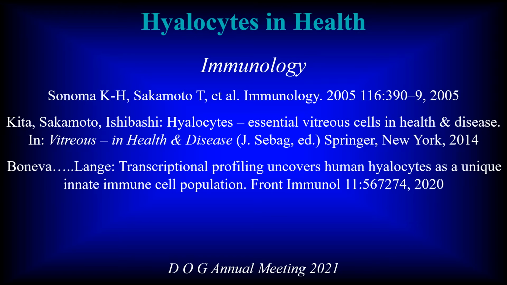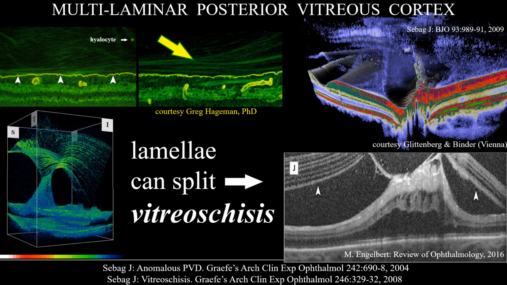The role of hyalocytes in immunology has been investigated by Sakamoto and colleagues in Japan, but Professor Lange is to be credited with bringing this into the modern era, and I won't go into it because we're going to hear some presentations from his group who have done excellent work in defining the role of hyalocytes in immunology.